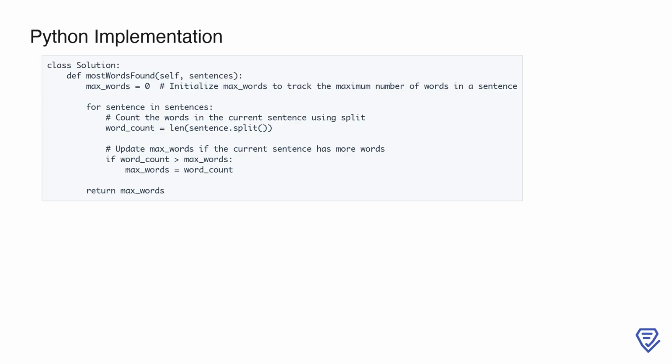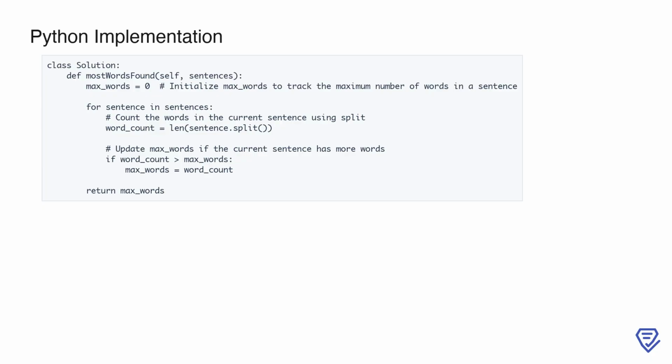This variable will keep track of the maximum number of words encountered so far. Next, we iterate through each sentence in the input list using a for loop. For each sentence, we use the split method to split the sentence into words based on spaces. The len function is then used to count the number of words in the resulting list. This count is stored in the variable word_count. We then compare word_count with max_words.